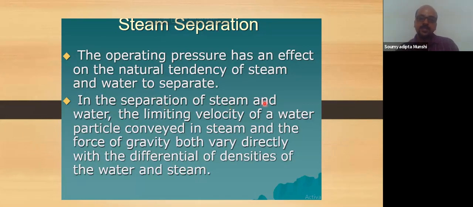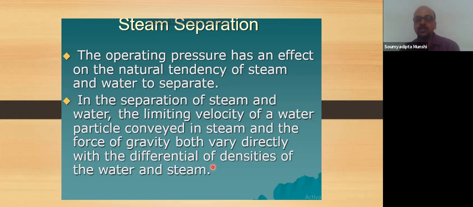In the separation of the steam and the water, the limiting velocity of the water particle conveyed in the steam and the force of gravity both vary directly with the differential density of the water and the steam. Same process. That means the density of the feed water circulated from the economizer and the density of the mixture are different.